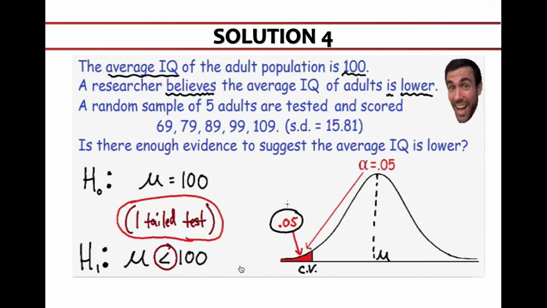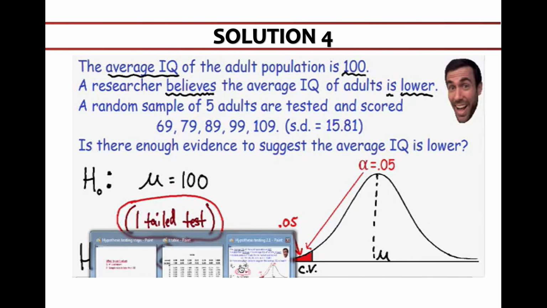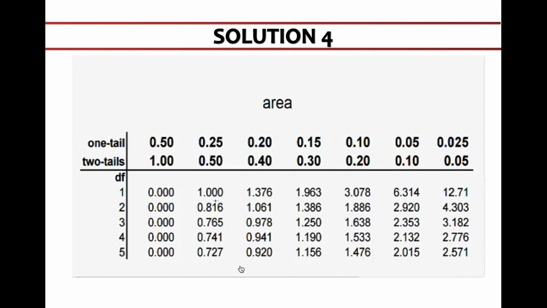We know we have an area of 0.05 in one of the tails. So if we go to our t-table, we see that in the top row we have the area of one tail. So we know that the area of one tail is equal to 0.05, so we have to use this row with an area of 0.05.